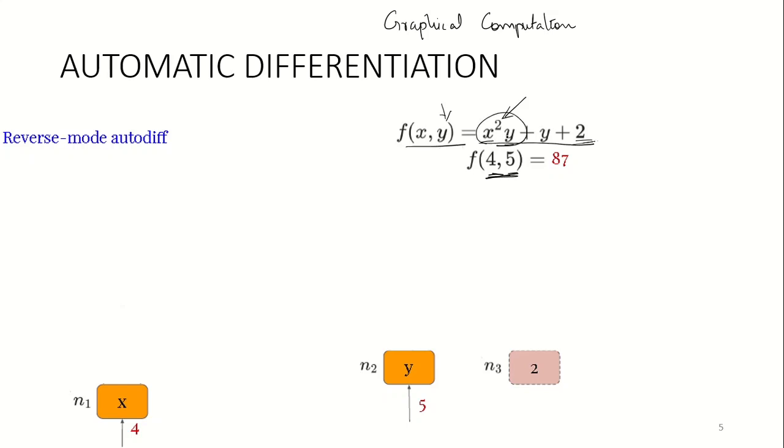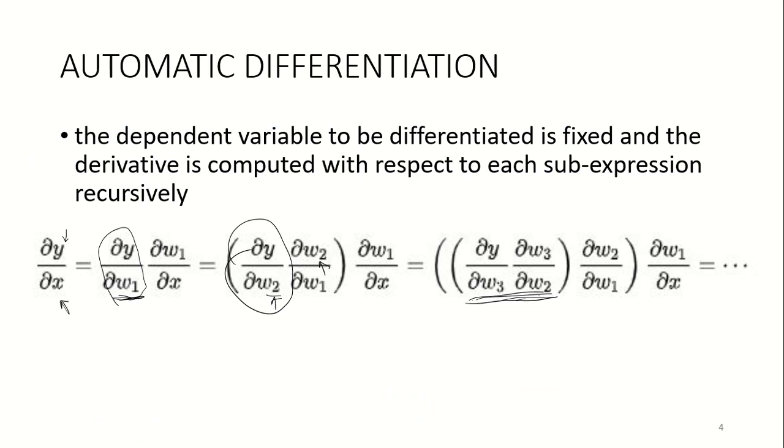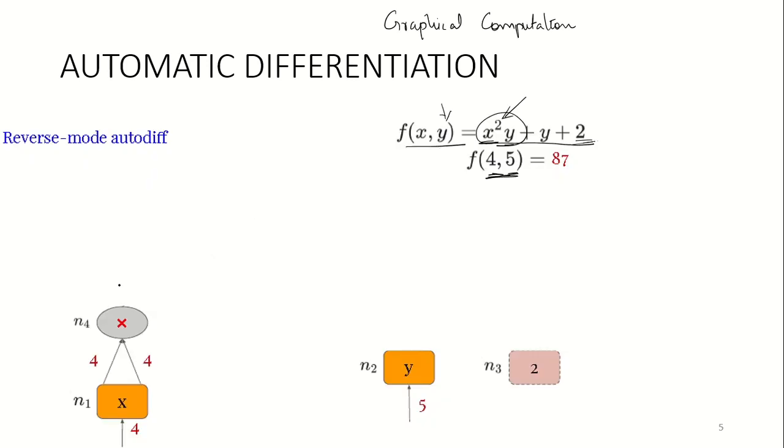So we are going to construct this function. How do we take x² into y? First we have to find out x². How do we find x²? That will be x into x. So we add a multiplication node over here. This is n4, the multiplication node, and there are 2 arrows from this x, meaning x into x.